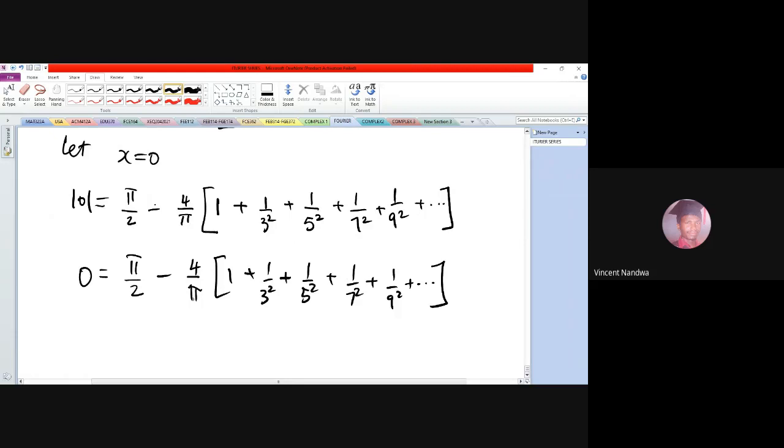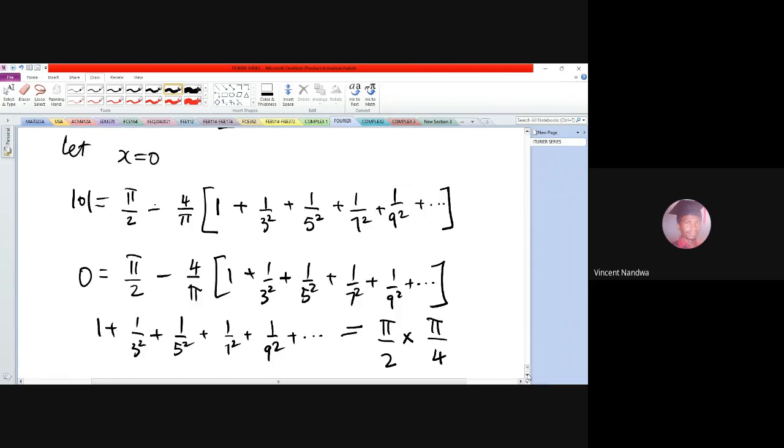So making this one the subject means 1 plus 1 over 3 squared, plus 1 over 5 squared, plus 1 over 7 squared, plus 1 over 9 squared, plus other terms should give us, taking this to the left, pi over 2, and then the reciprocal of this one is pi over 4.